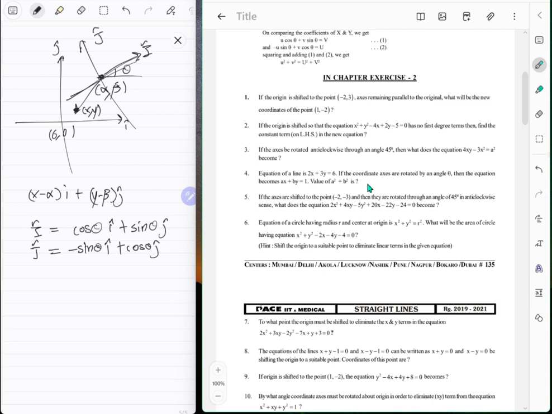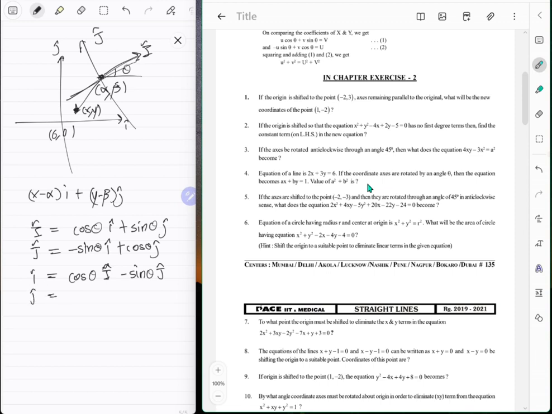Okay, and then what? Similarly, you can do it for small i hat. So small i hat will be cosine theta capital I hat minus sine theta capital J hat. And why is this so complicated?